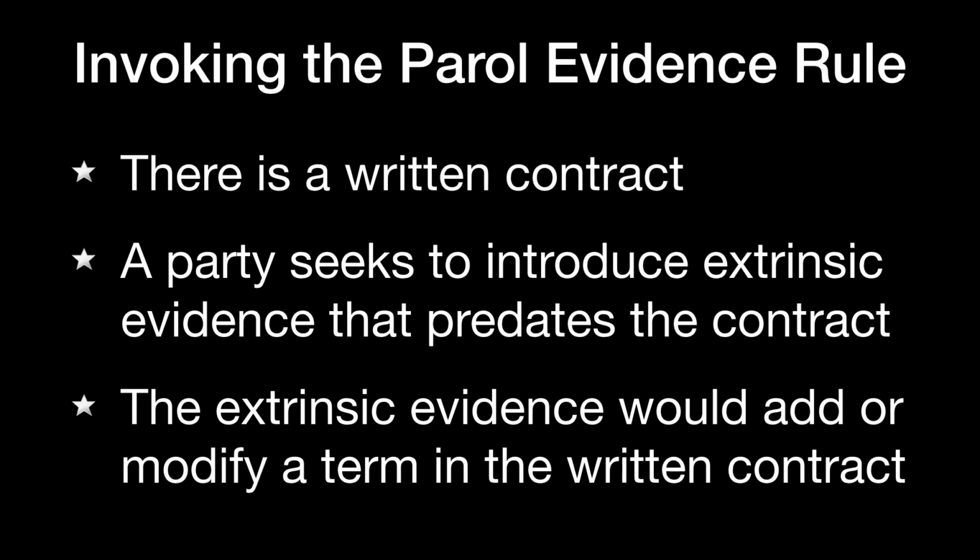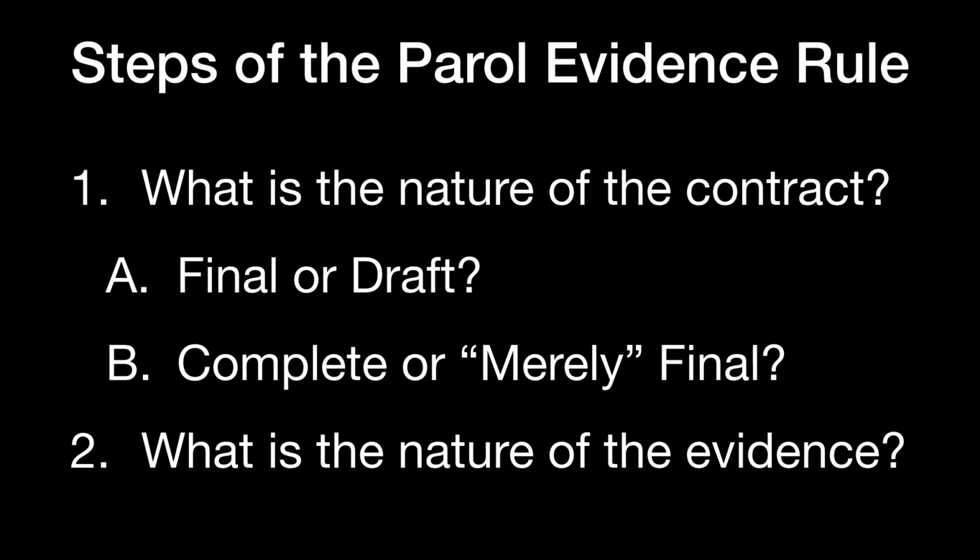In addition, the fact pattern will indicate that one party will be introducing extrinsic evidence, most commonly preliminary negotiations, a conversation the parties had before the contract was formed. And third, this evidence would add a term to the contract or modify a term in the contract. If those three elements are present, it's time to begin the Parol Evidence Rule analysis.